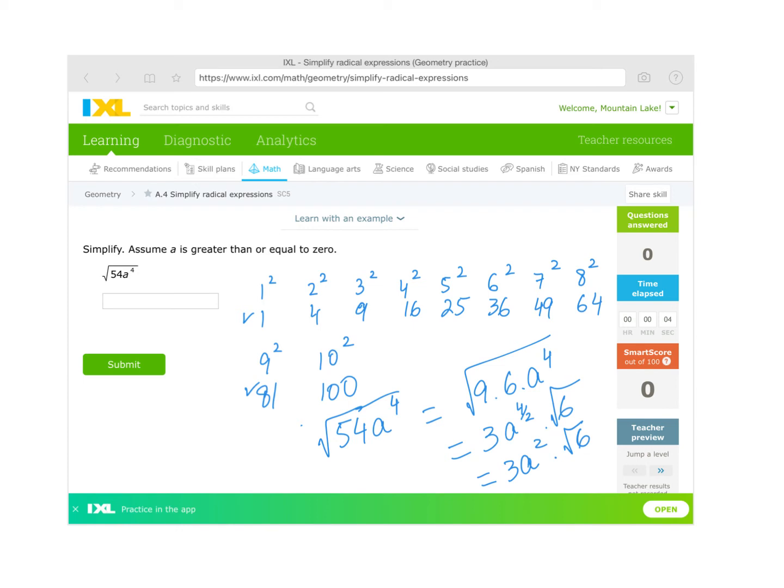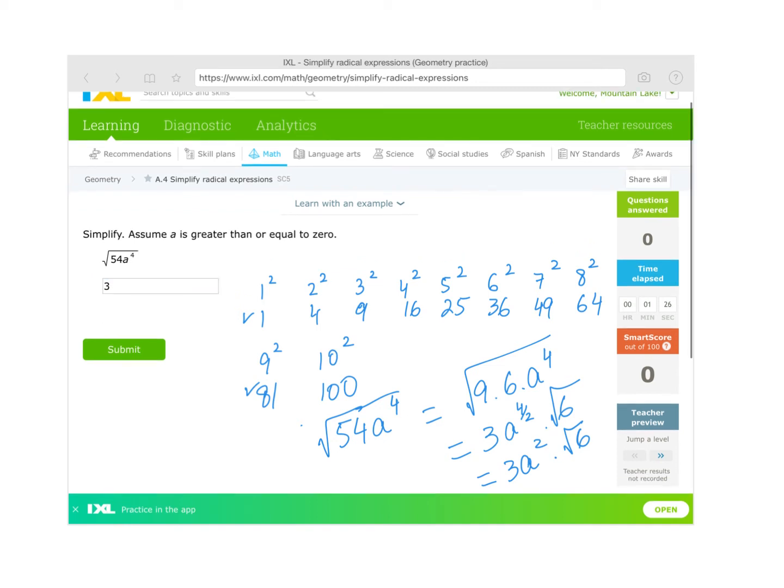So let's put this in. If you wrote it this way, remember to bring the a squared in the front. Otherwise, IXL marks it wrong.